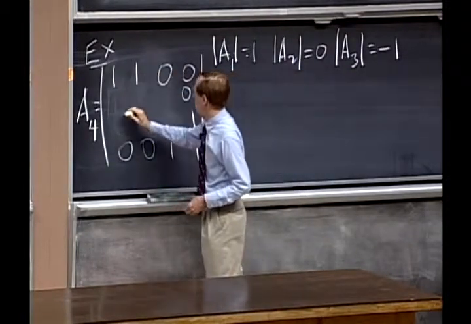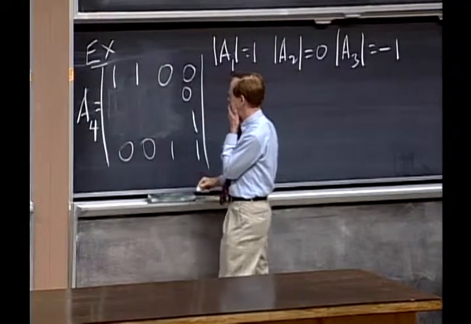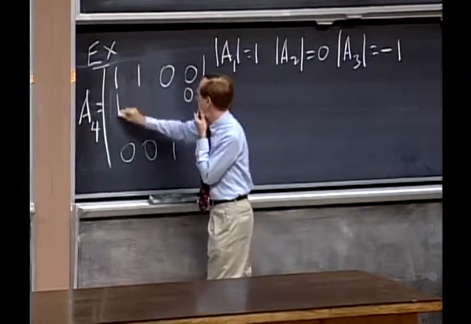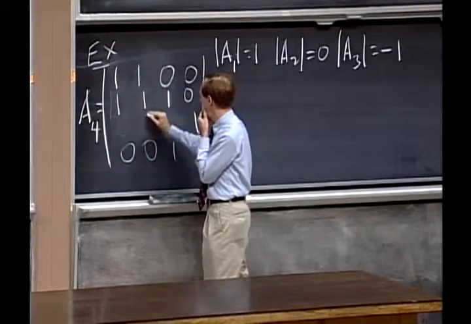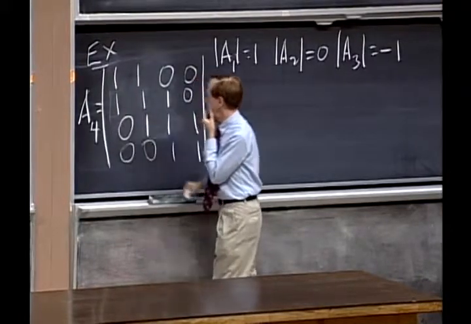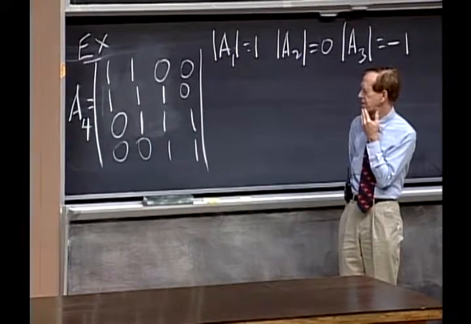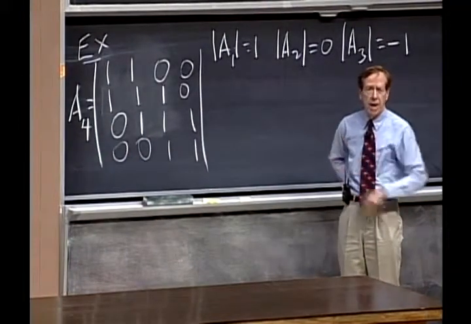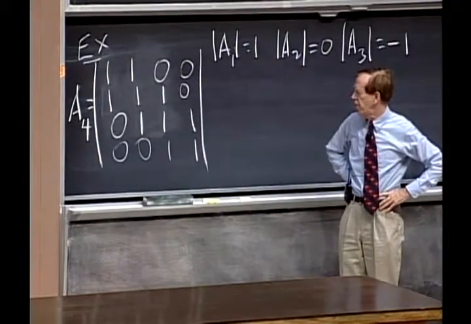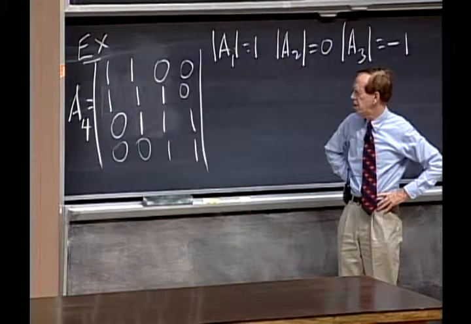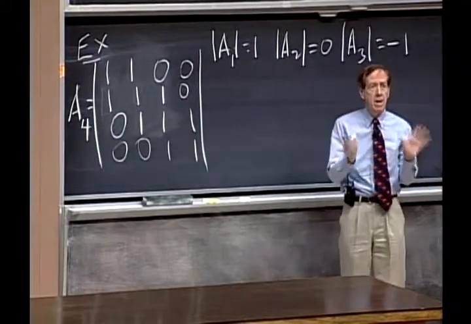OK, so what was the matrix? Now I'm ready for 4 by 4. Who wants to guess? I don't know, frankly. This 4 by 4, what's the determinant? I plan to use cofactors.